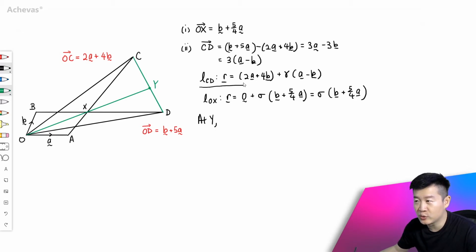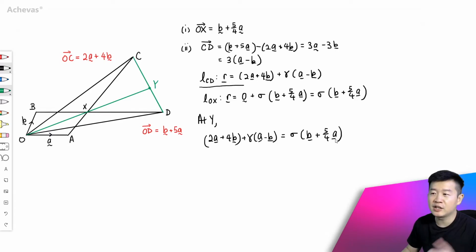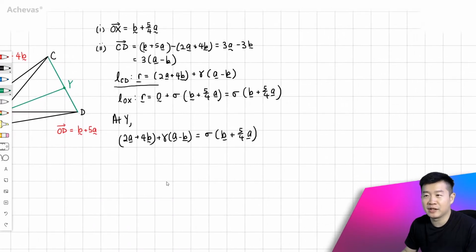So I'm going to let this be equal to this, which will be 2A plus 4B plus gamma of A minus B. This is going to be equal to sigma of B plus 5 over 4 of A. Let us do the same thing as what we have done in part 1.